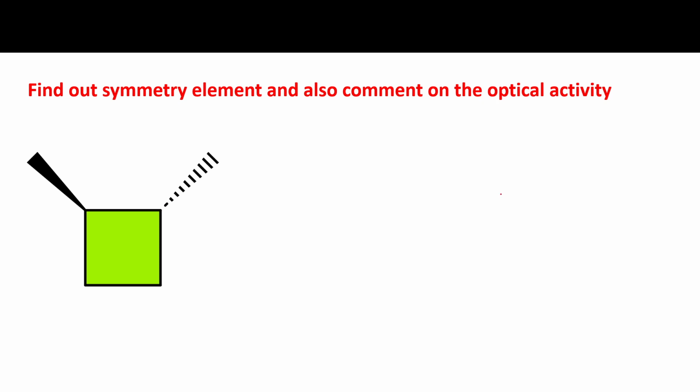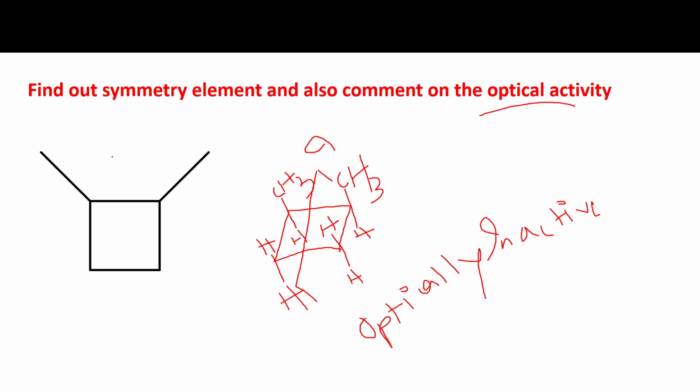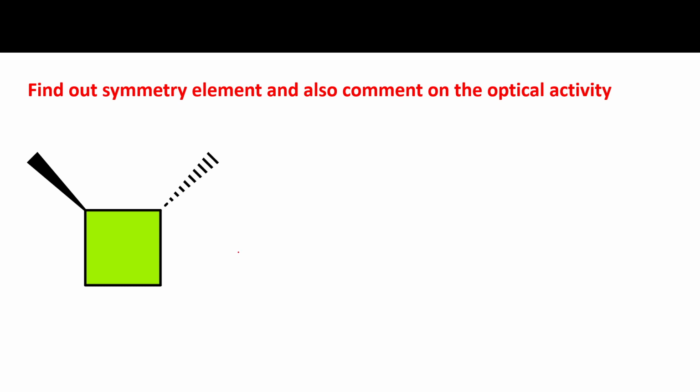Next is a similar case where the 2-methyl groups are not on the same side. Earlier, the 2-methyl groups were on the same side, in the cis conformation; this one is in the trans conformation. So in this case also they don't have a sigma plane. Now this is the case where one methyl is up and another methyl is down.